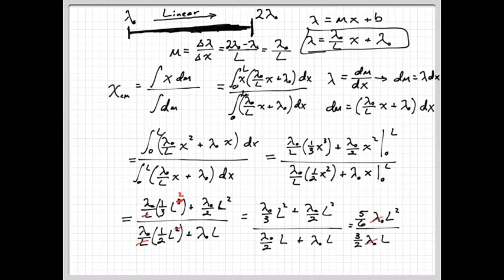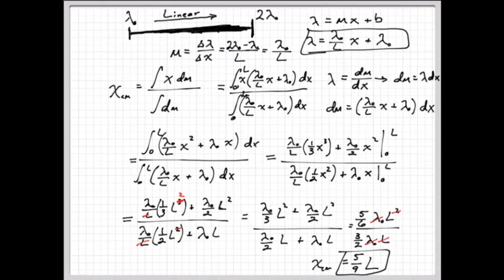The lambdas are going to go away. 1 L is going to cancel. And then if we divide these fractions, we're really multiplying by the reciprocal. So that's going to be 5/9 of the length, meaning the center of mass is just beyond the middle of the length of the rod.